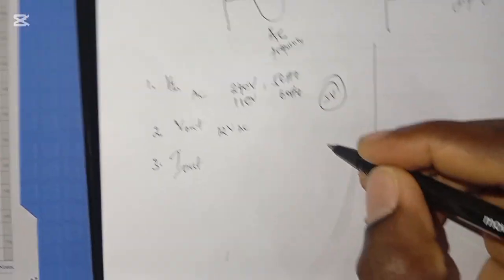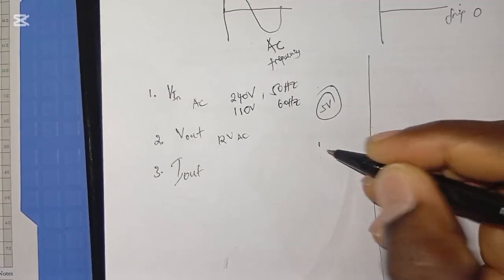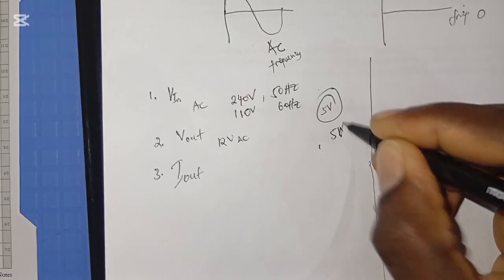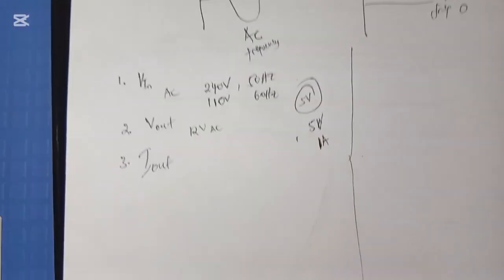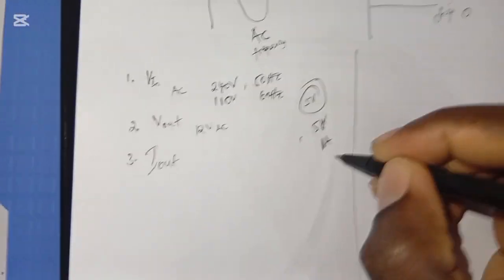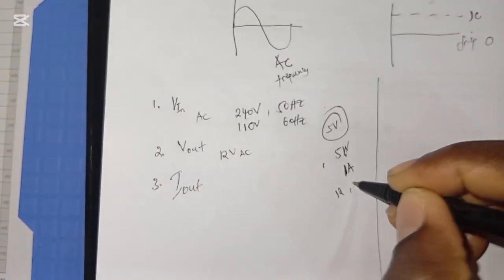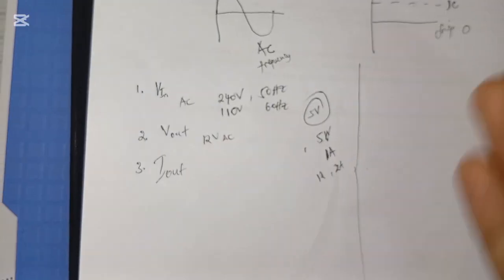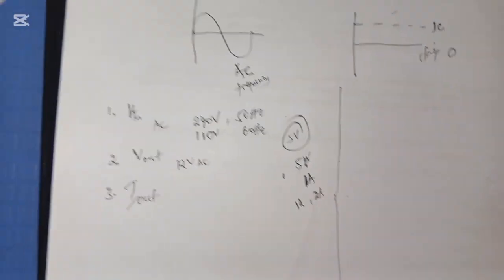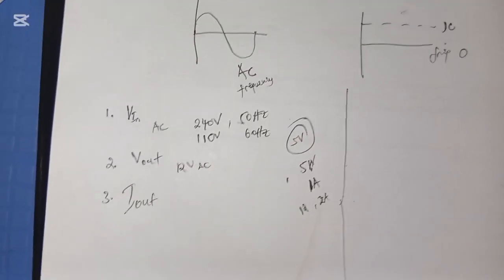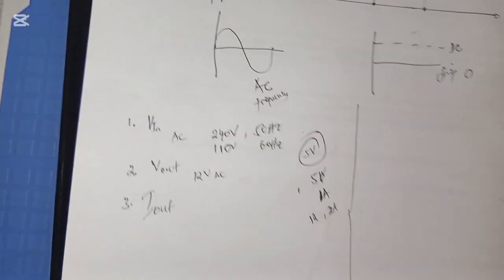Then you will have to consider your load current. Suppose you want to design a 5 volt, 1 amp supply. Then the transformer should be at least 12 volt, 2 amps, so that it will be able to provide your 1 amp at the output and avoid components overheating.